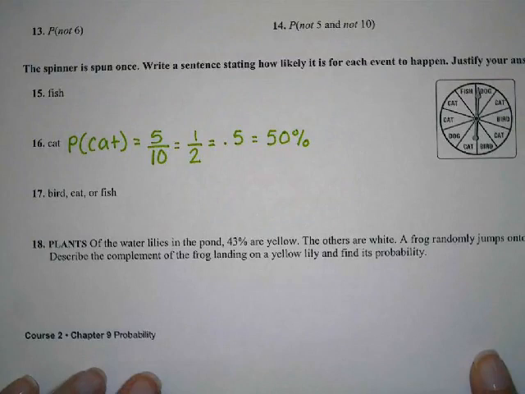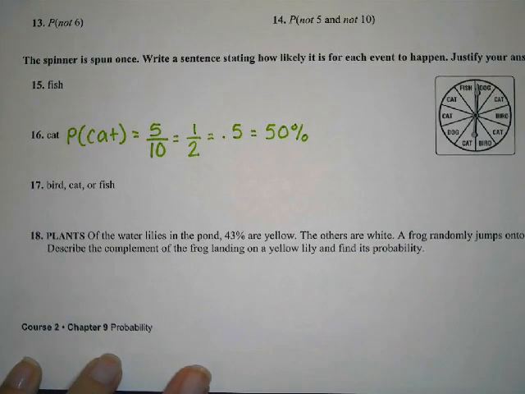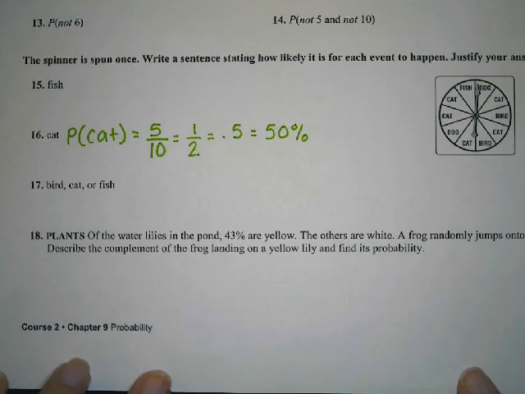And then on the last one, the word problem, it says, of the water lilies in the pond, 43% are yellow, the others are white. A frog randomly jumps onto a lily. Describe the complement of the frog landing on a yellow lily and find its probability.